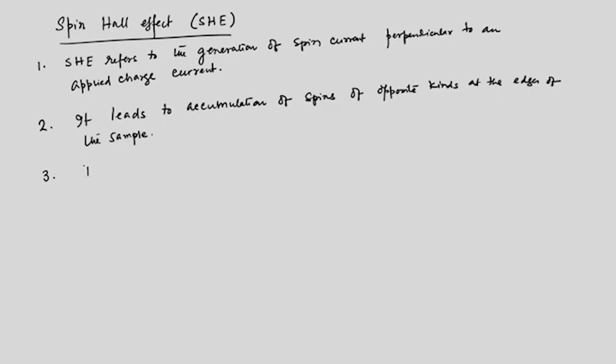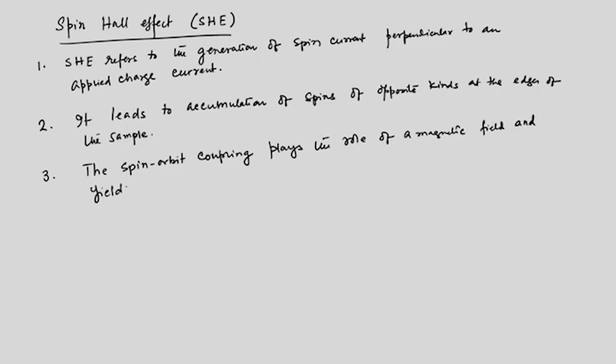The spin orbit coupling acts like a magnetic field and yields spin selection.